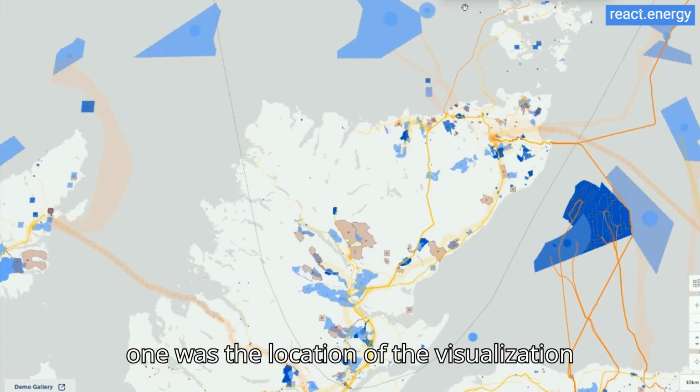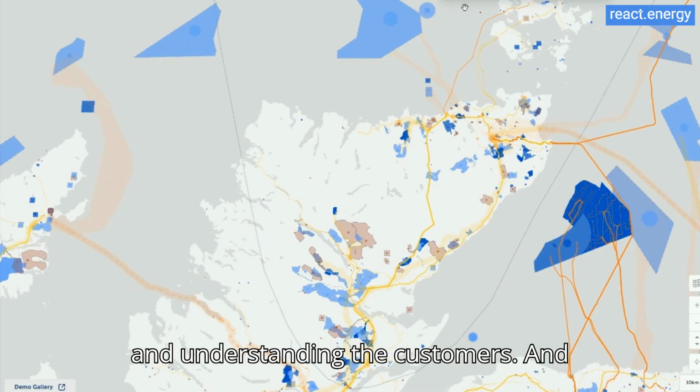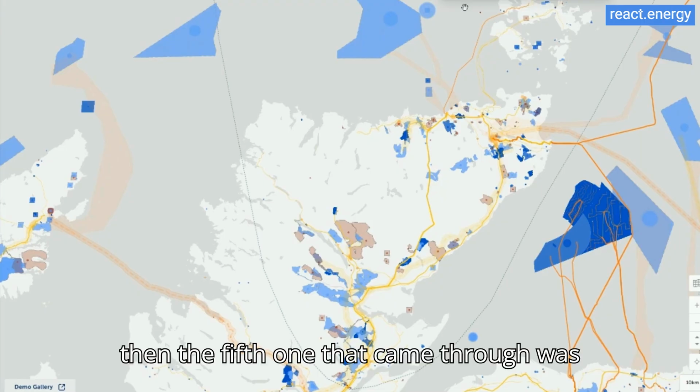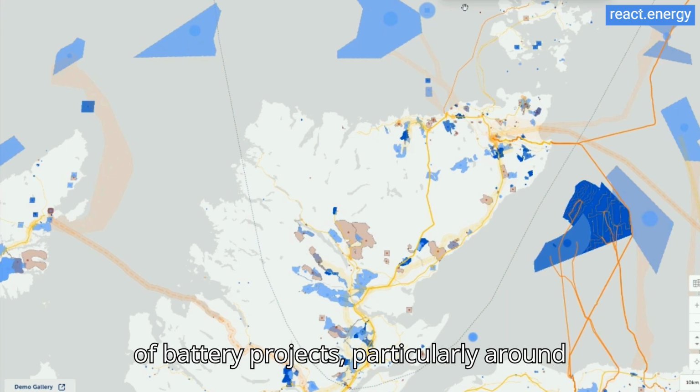The third one was the location and visualization of the data on a map, showing all connections. The fourth one was updated daily and understanding the customers. And then the fifth one that came through was the ability to understand the clustering of battery projects, particularly around GSPs.